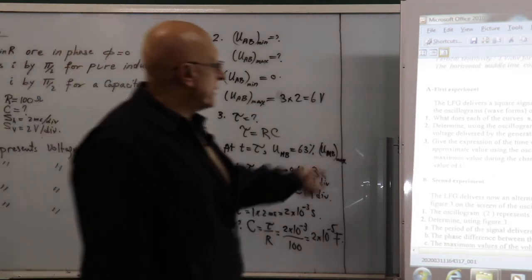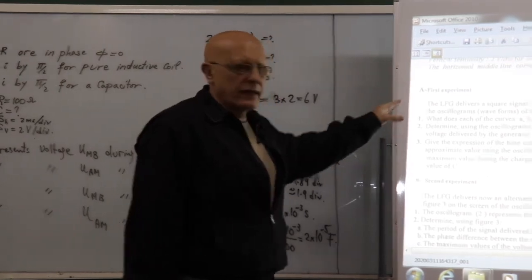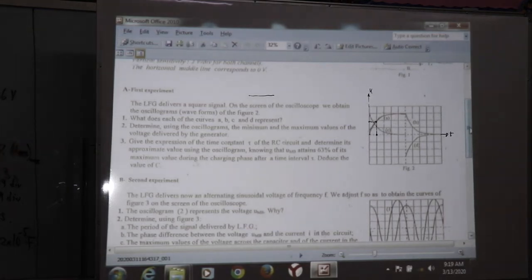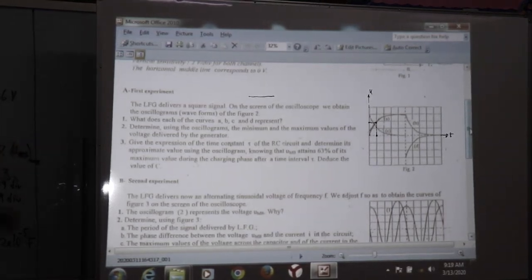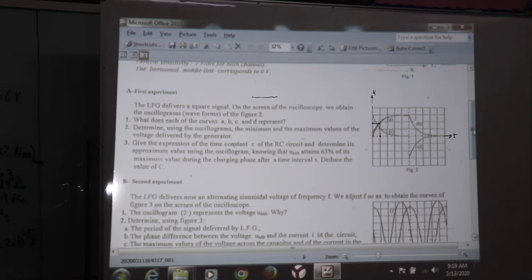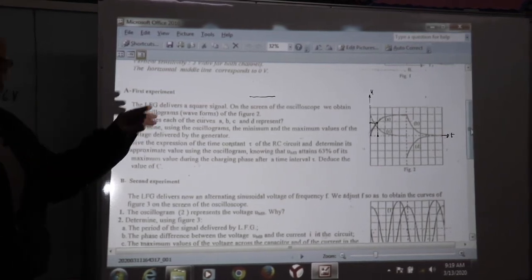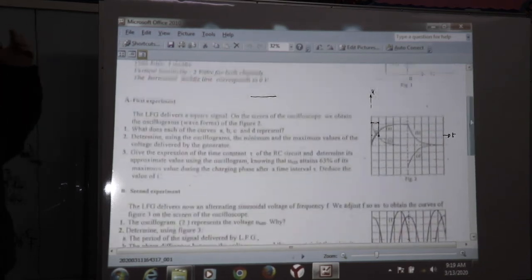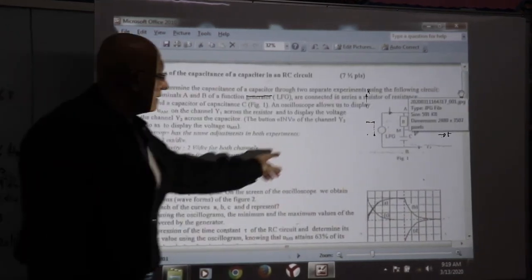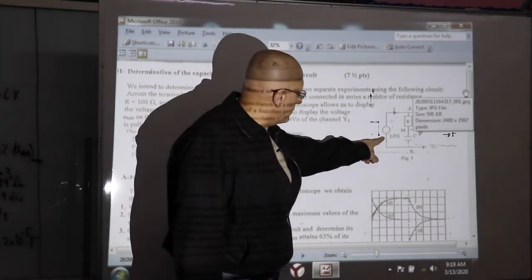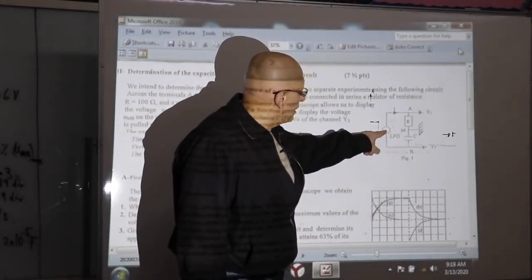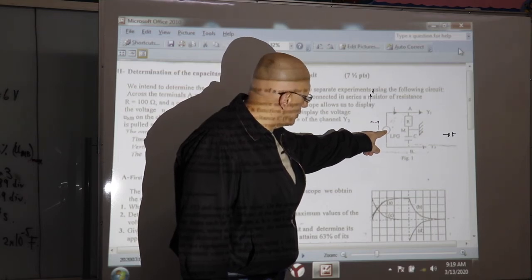This was experiment A, and the importance of this experiment is that it is a revision of the previous chapter, where you have R and C connected to square voltage. Okay?